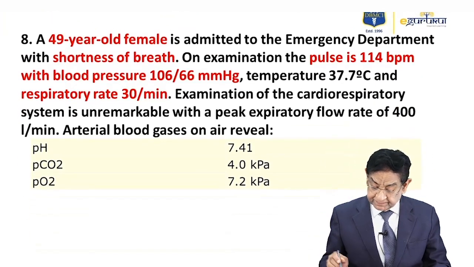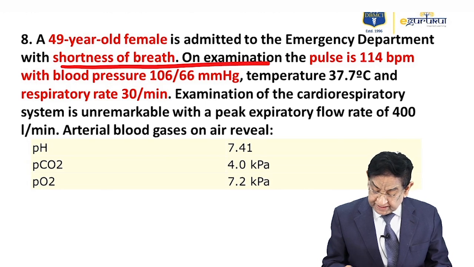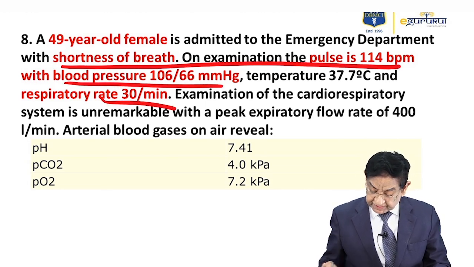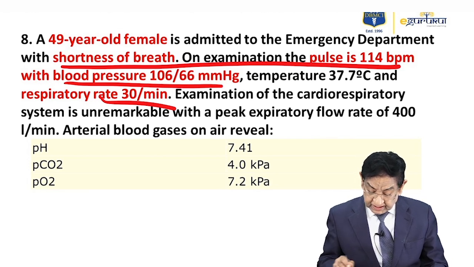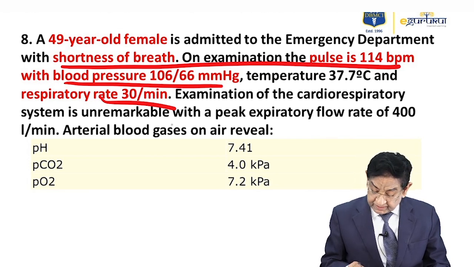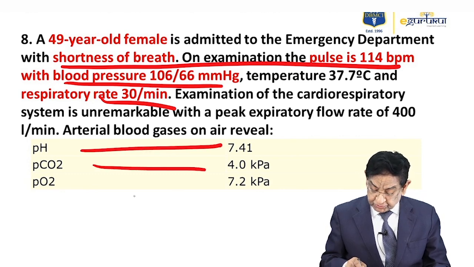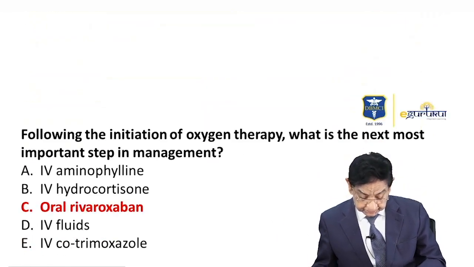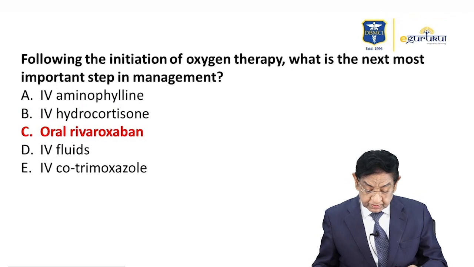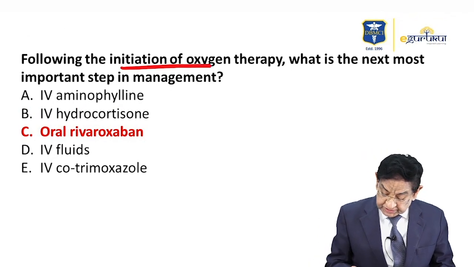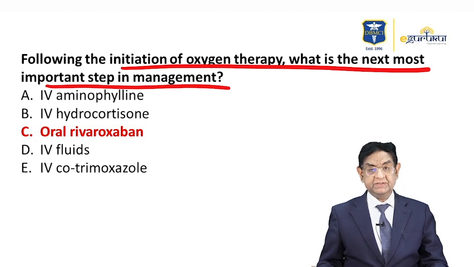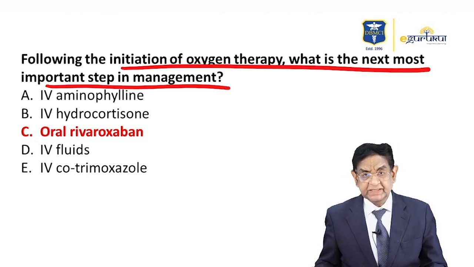Question 8: shortness of breath, pulse 114, BP 106, respiratory rate 30, and arterial blood gas pH 7.41, PCO2, PO2 7.2. Following the initiation of oxygen therapy, the next step in the management is, so now things are clear to you.